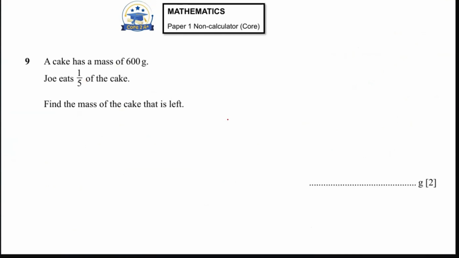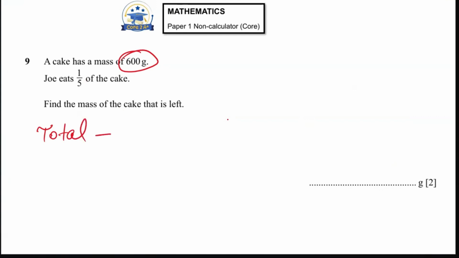A cake has a mass of 600, right? Joy eats 1/5 of the cake. Find the mass of the cake that is left. So again, it is too much easy. Mass of the cake is 600 grams and Joy eats 1/5 part of this cake. So how can we, suppose total?